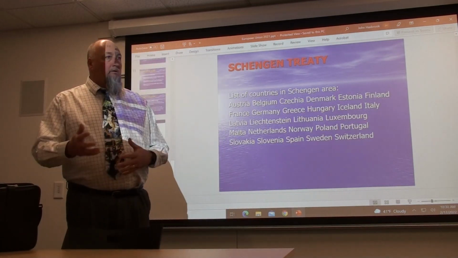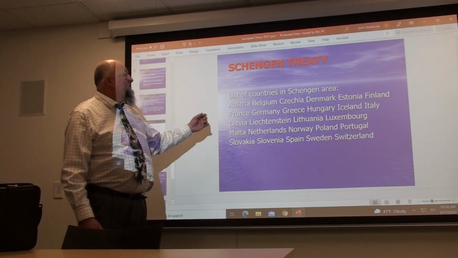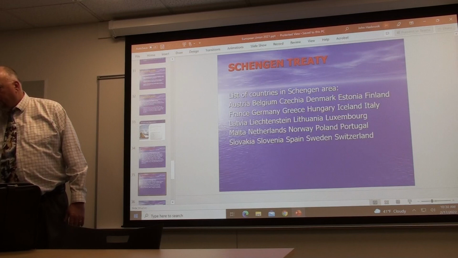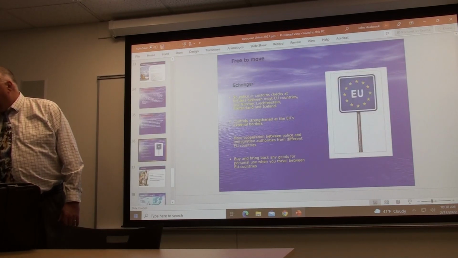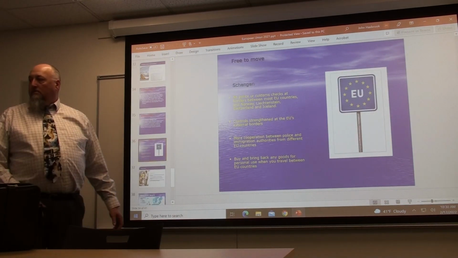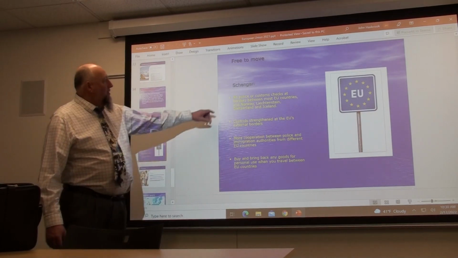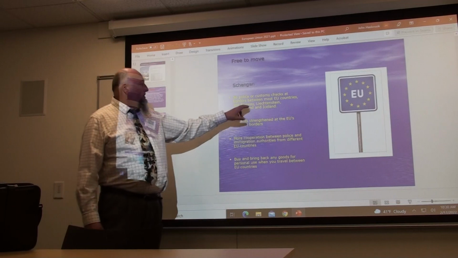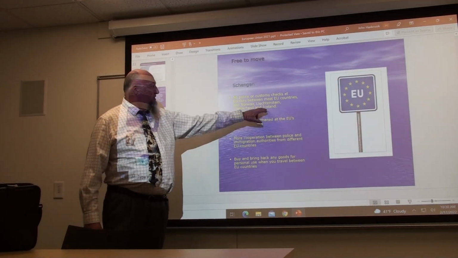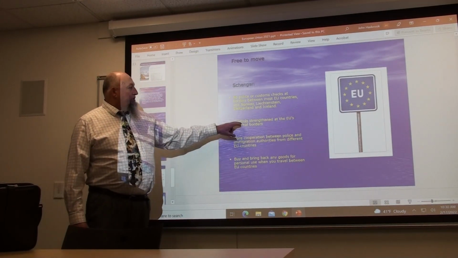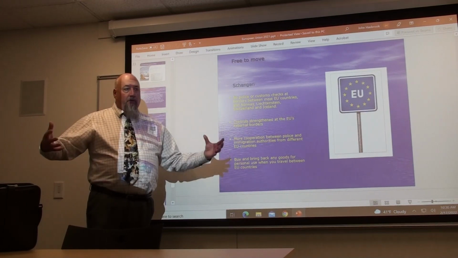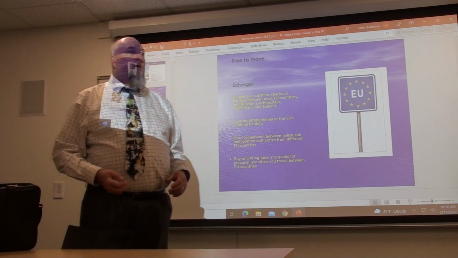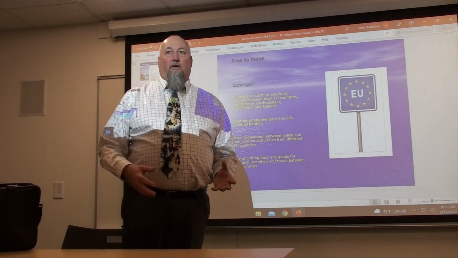But for the most part, you can move freely within the Schengen countries. So you'll hear that term, the Schengen area. It allows no police or customs checks at borders between most EU countries, Norway, Liechtenstein, Switzerland and Iceland. Controls are strengthened at the exterior borders, so if you're entering the Schengen common area, like going through an airport, or coming from a non-Schengen country.